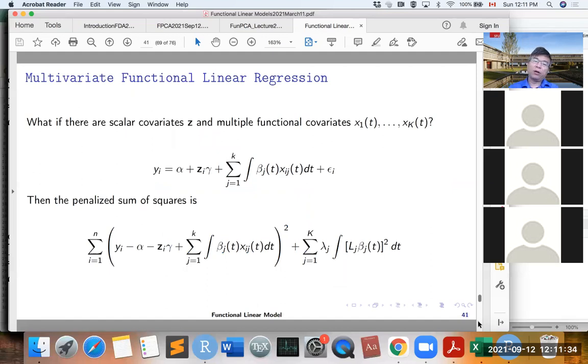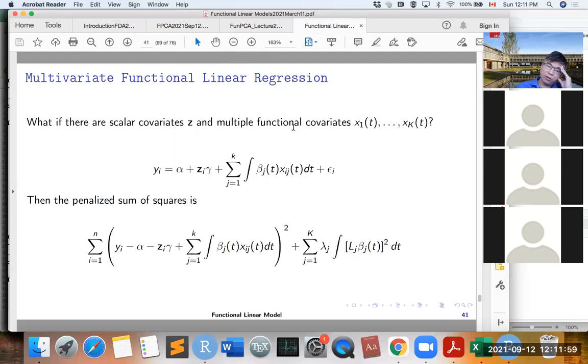So far we only cover the functional linear model with one functional covariate, but it is possible to have multiple functional covariates.